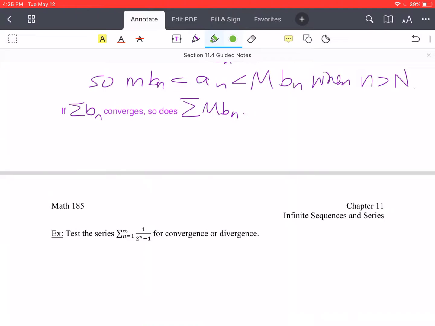So since this converges when B converges, and this is bigger than this, by the comparison test, if this one converges and it's bigger than this, our smaller one must also converge.